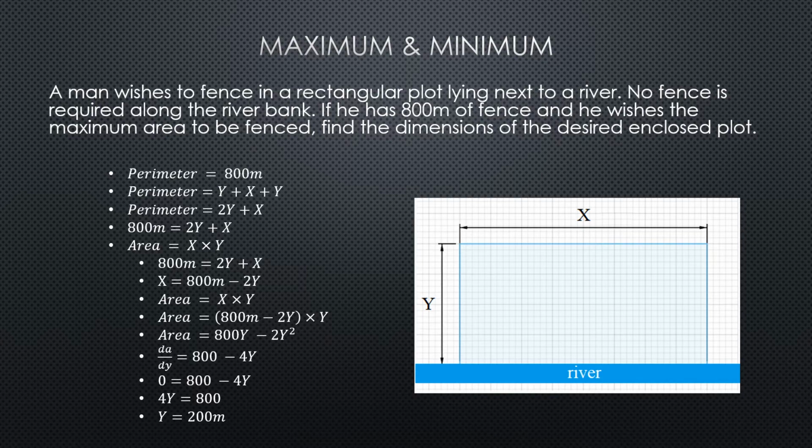So we can simplify that to the perimeter is equal to 2Y plus X. Now we substitute in the total distance for the fencing. We've got 800 meters equals 2y plus x. And we also know that the fenced area, which the farmer wants to be maximum, is going to be x times y.